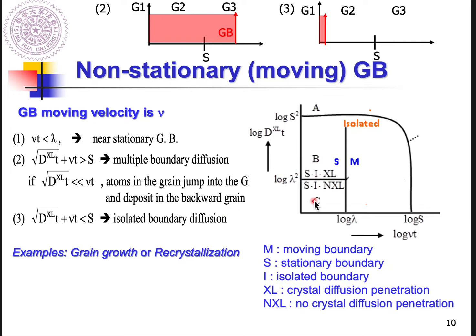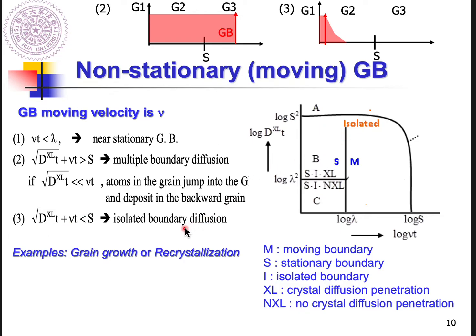It's either B or C, either the boundary region or the core region. If it doesn't diffuse into the grain, we call it the core region. But if it diffuses inside the grain, then we call it a boundary region, depending on the magnitude of the diffusion distance, Dt.